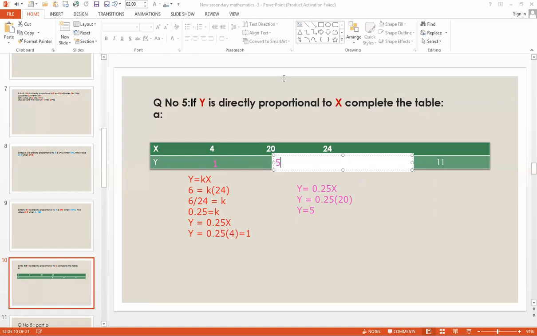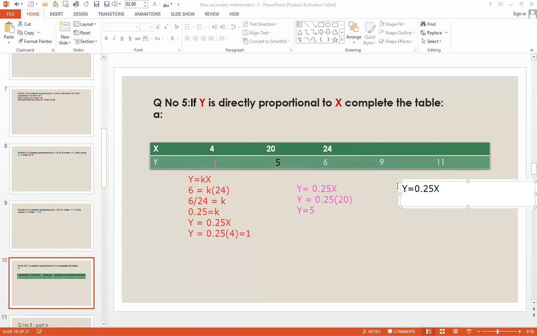Here 5. Okay. So again I have to change the color to black, and again I have to write here the same equation y is equal to 0.25x. Clear? And then I have to write the value. Now the y value is given. What is the value of y given? 9. So instead of writing y, I have to write 9. So 9 is equal to 0.25, and I have to write x as it is.